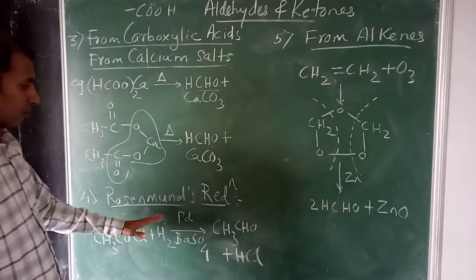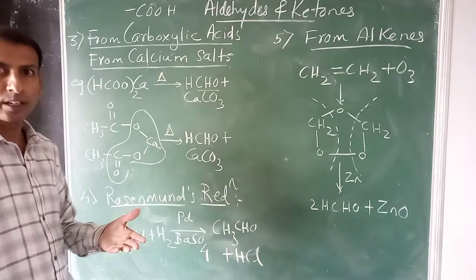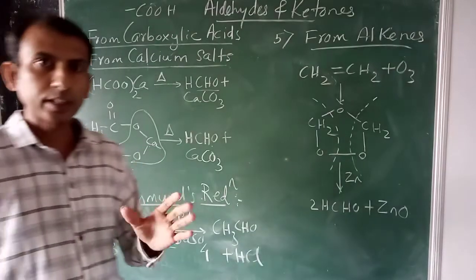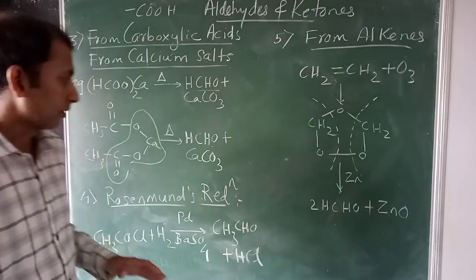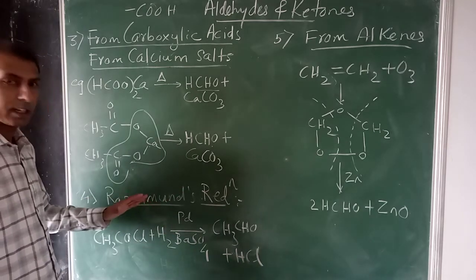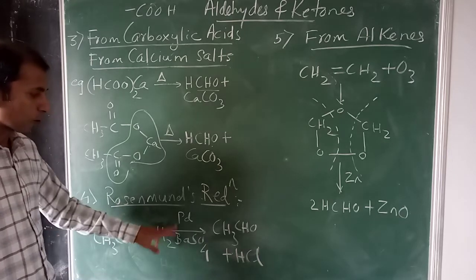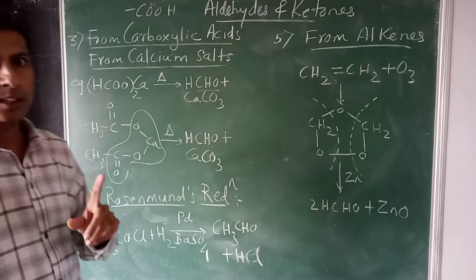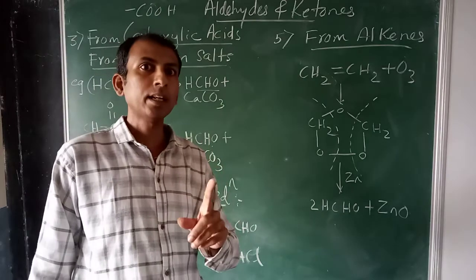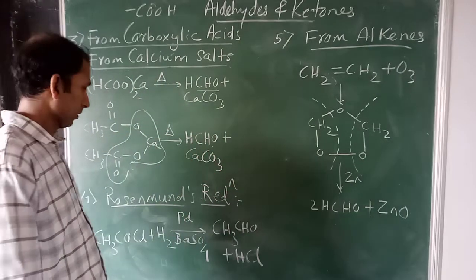Name reactions are very important for the Indian syllabus, and they carry the names of scientists. So the catalyst also you should not miss in such type of reaction. You compulsorily have to write the catalyst, otherwise you will lose marks.